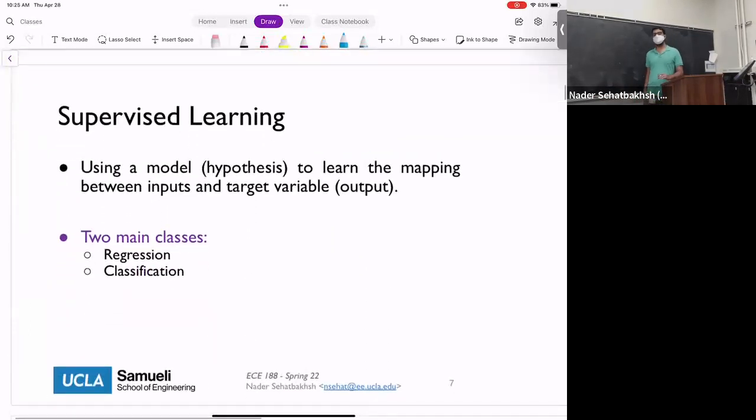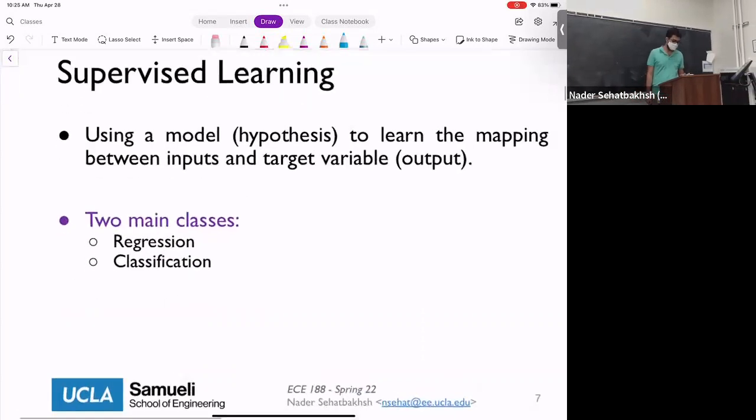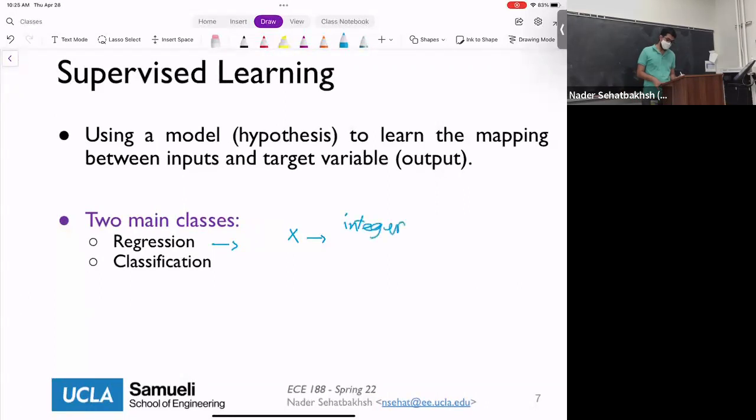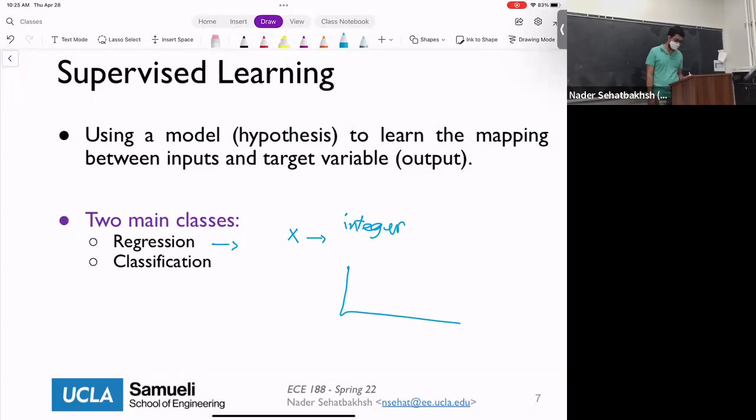So there are usually two classes of supervised learning: regression and classification. The difference between the two is that regression tries to give you an answer, usually in either an integer domain or some continuous domain. So for example, let's say you want to estimate this function. Let's say this is your data distribution, this is your y, and this is your x. So these are your inputs and these are your outputs.